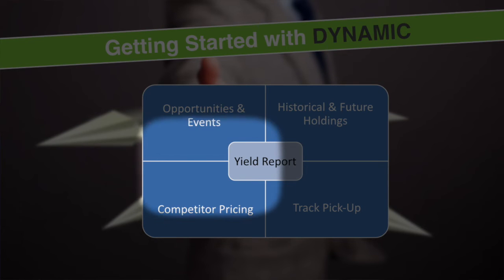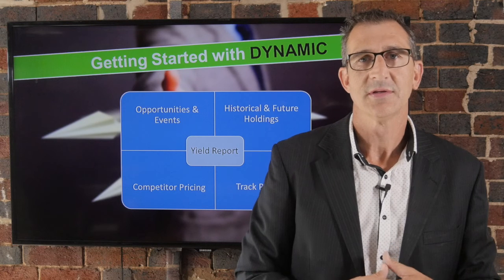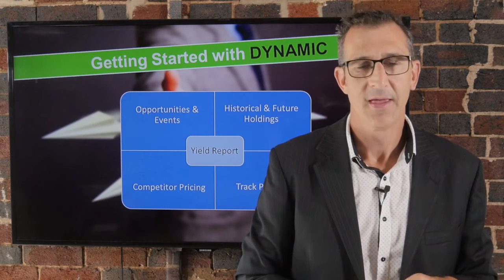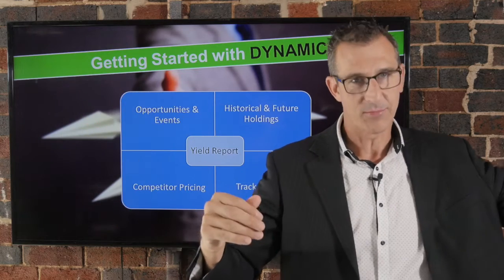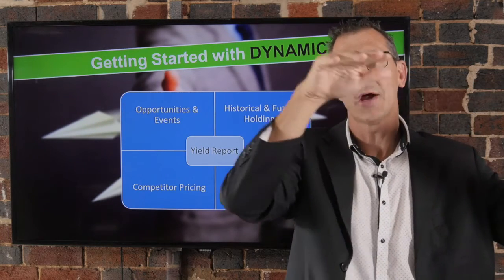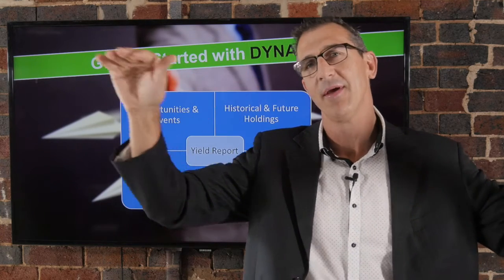And the other thing we really encourage you to get in there is what are the events and other opportunities happening more broadly in the marketplace that will impact accommodation demand. If you can get that in line with all this data, the goal is to have it by day and have all this information in there. Historical, future, rates, competitor pricing, pickup, and then on the far right is where we typically place it, you want to know what's happening in the marketplace.